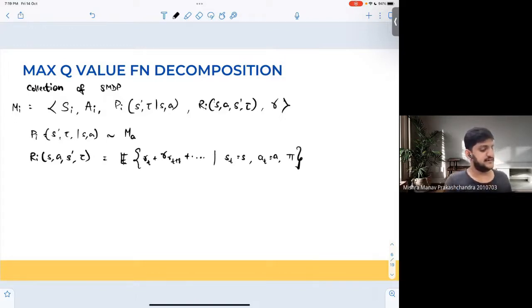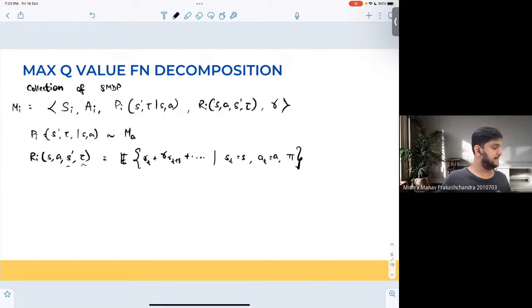So this is the reward function. This is the entire SMDP modeling that we have done. Now, since I'm doing this, I no longer need my S prime, I no longer need my tau, because I have defined that I'm following my policy pi. This is a deterministic policy that I'm following. So this is how my reward looks.